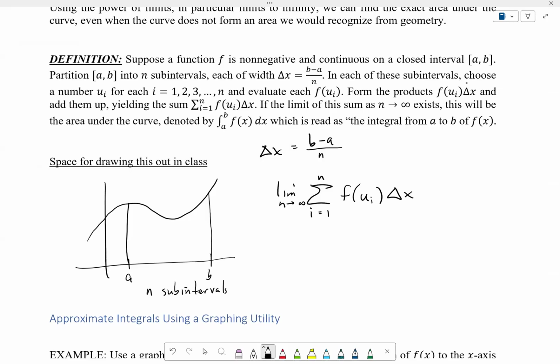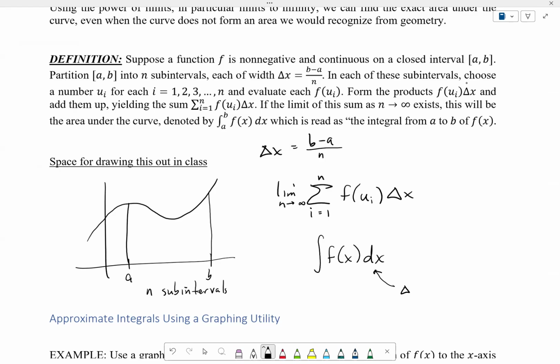You'll see this again next year. We're not going to talk too much about it, but what I'm going to tell you is that this simplifies into a different notation that looks like this. It's an elongated S. It's called an integral. And it's going to be the integral of f of x. Delta x becomes dx.